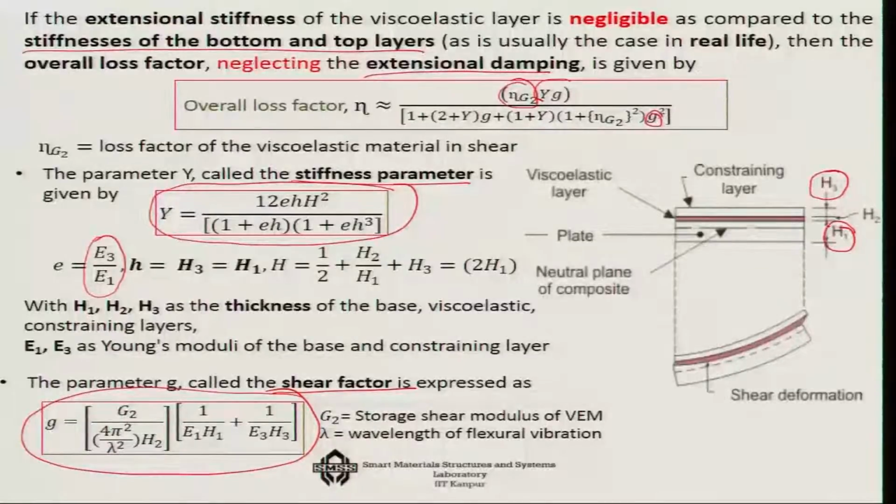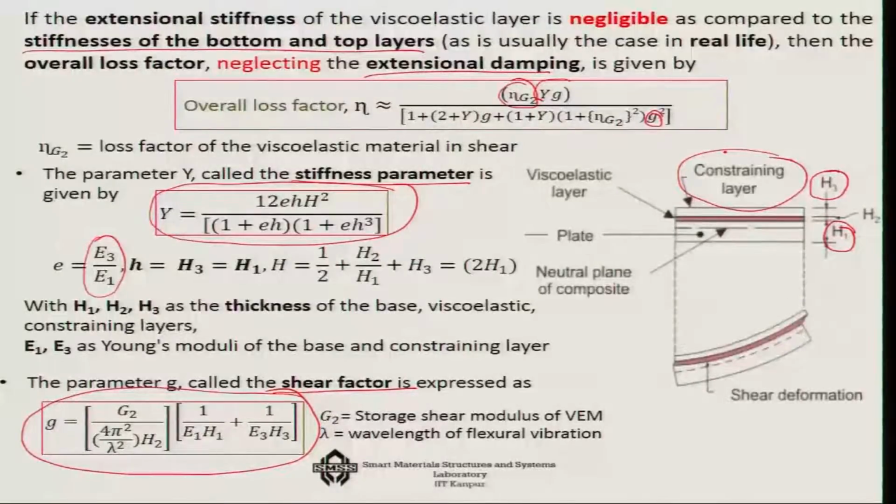Naturally, the higher the value of E, the higher the value of Y, and as a result you may get a higher loss factor. So, we always try to get a constraining layer which has a very high modulus of elasticity. People say jokingly that a thin diamond layer is very good as a constraining layer, because you always look for a very high stiffness material.